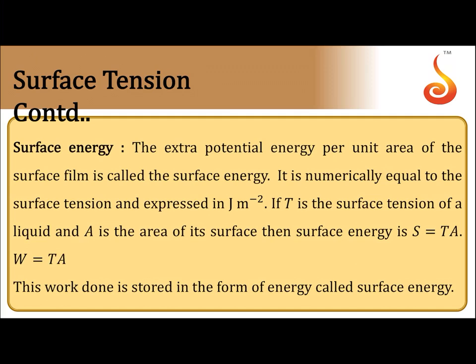Then coming to surface energy, because of surface tension at the free surface, the molecules at the surface will have extra potential energy. So this extra potential energy per unit area is called surface energy. So it is numerically equal to surface tension and expressed in joule per meter square.